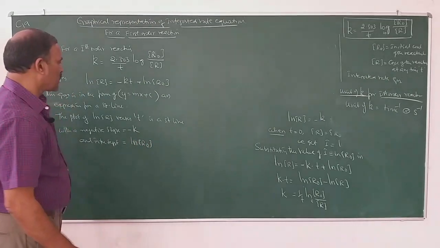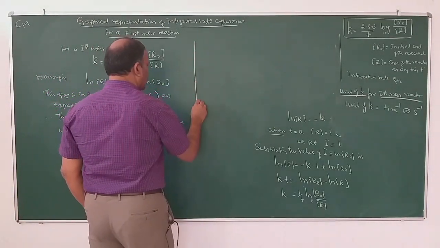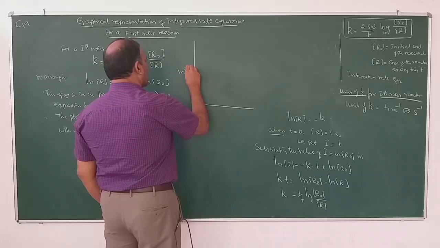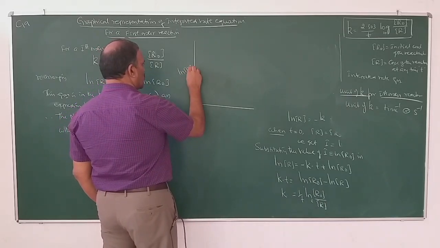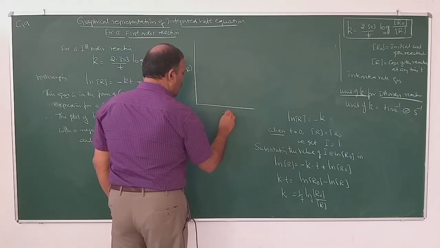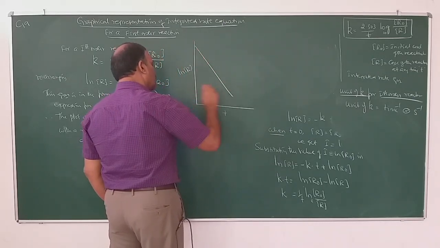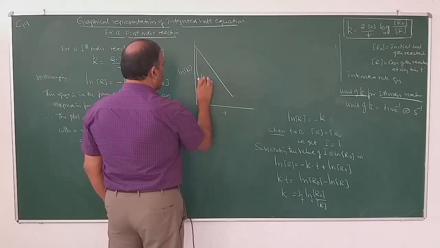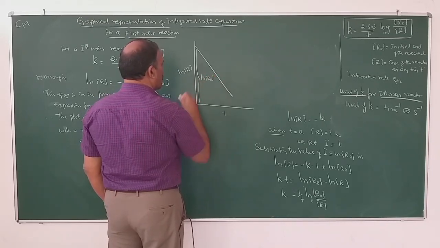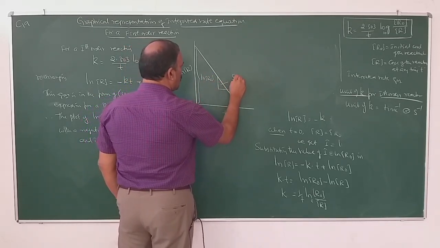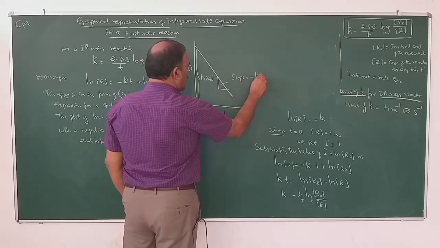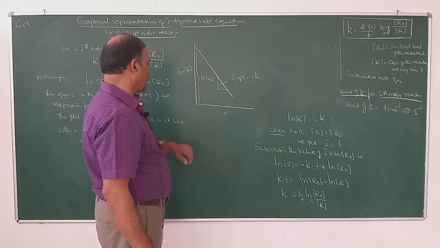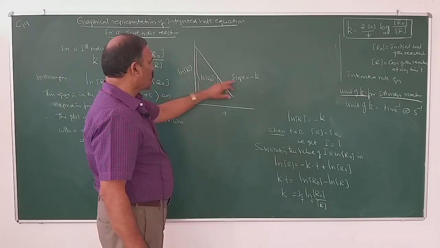So the plot of log of concentration R versus T is a straight line with negative slope. Intercept equals log R0, then slope equals minus k. So this is for first order reaction: log R versus T, intercept is log R naught and slope is equal to minus k.